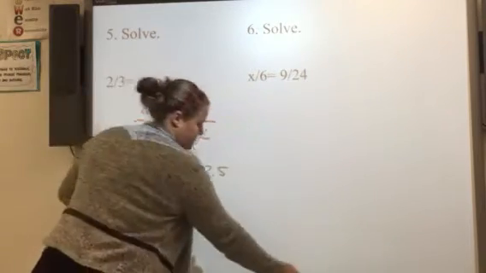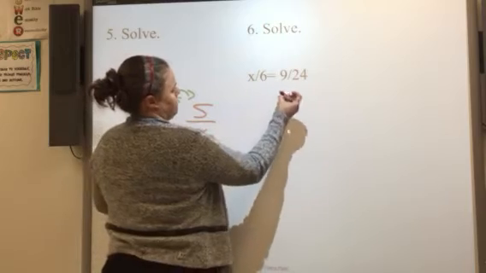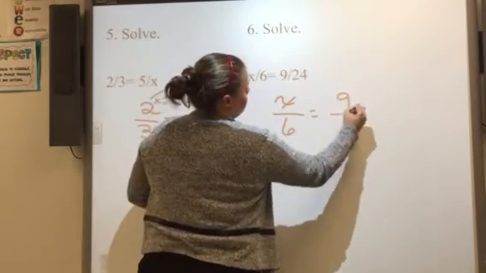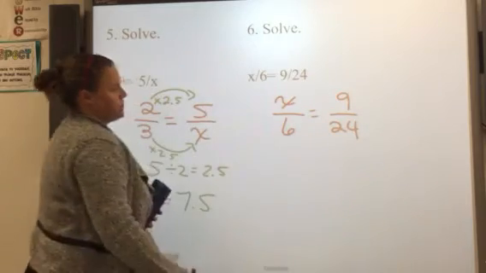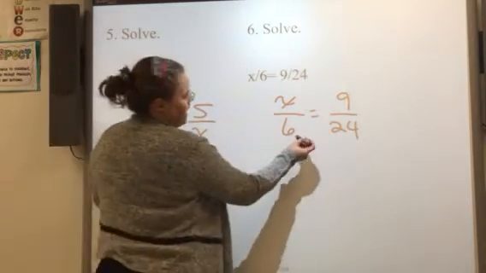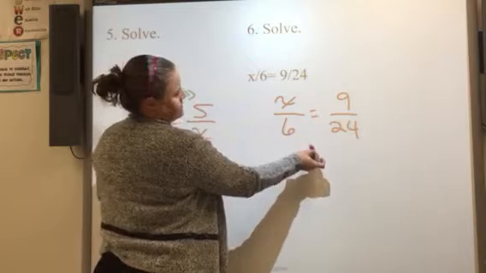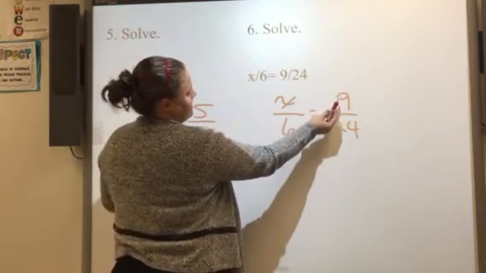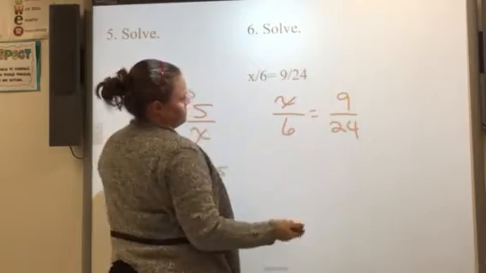Number 6. X over 6 is equal to 9 over 24. So this time, I know that if I say 6 times 4, it equals 24, but that doesn't help me up here. So I need to realize that I need to go the other direction.